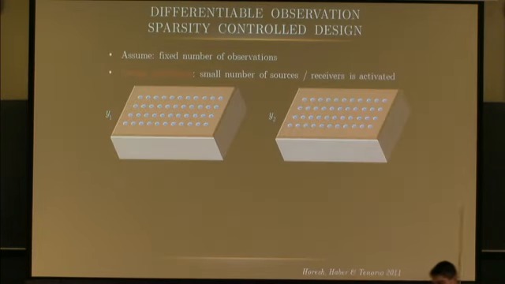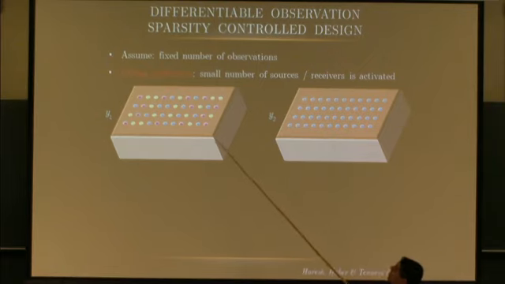So now let's look a little bit closer into what we do with respect to the design. I mentioned that we would like to incorporate some preferences with respect to the design. So one preference would be to have a small number of sources and receivers. If we look at this experimental design, let's assume that the green ones are sources and the red ones are receivers.